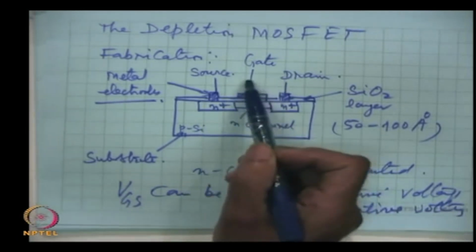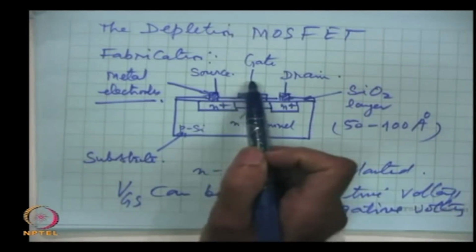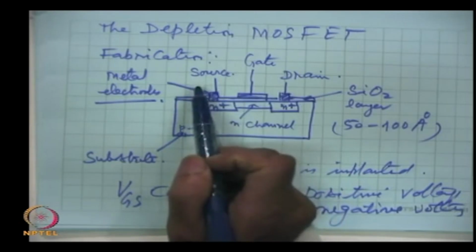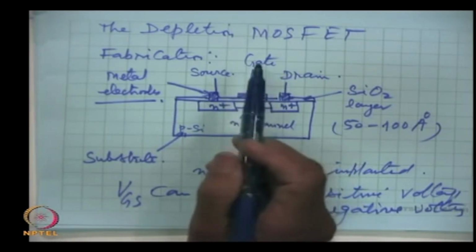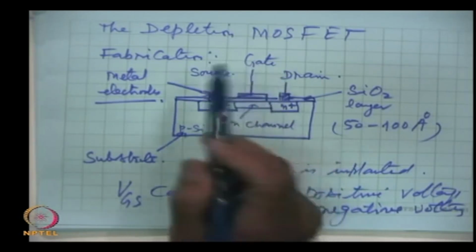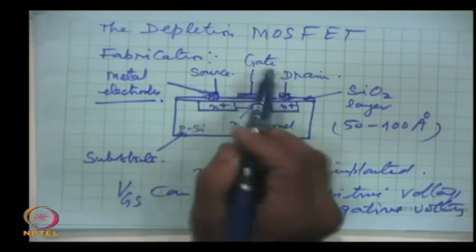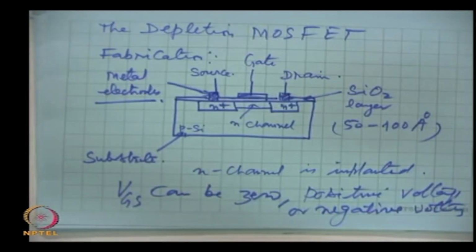We can give the gate a positive potential with respect to source, or we can keep it at a negative potential. So positive, negative or 0 potential, all are possible in this device. It is a big difference.